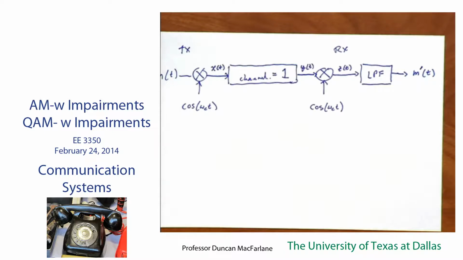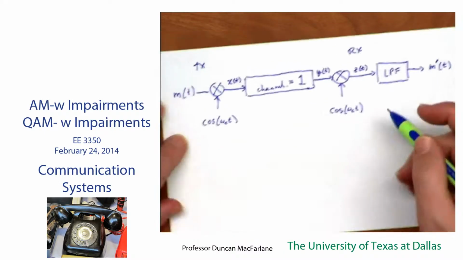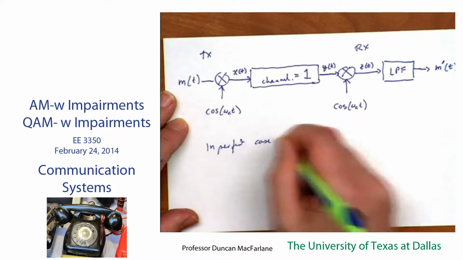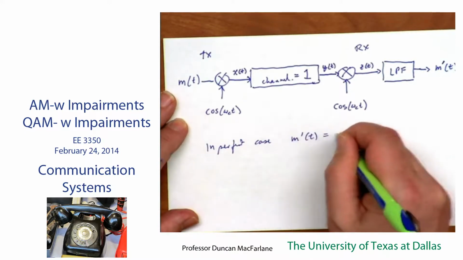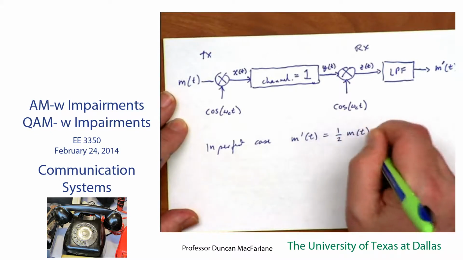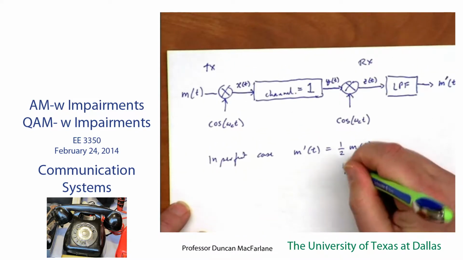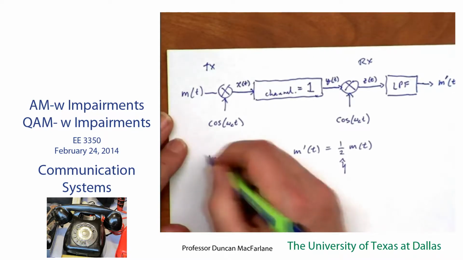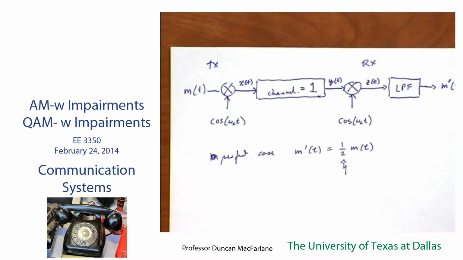And so we're left with exactly half the power. So in the perfect case, m prime of t is equal to 1/2 of m of t, and I've suffered some small degradation of my signal by going through this. It's not a big deal, but it's there. And so that's the perfect case.